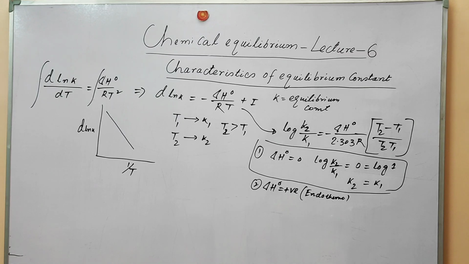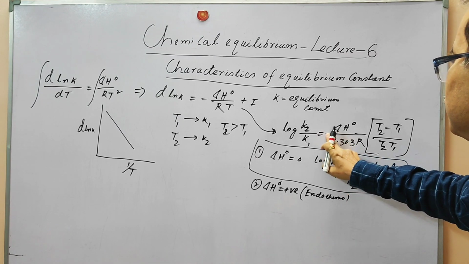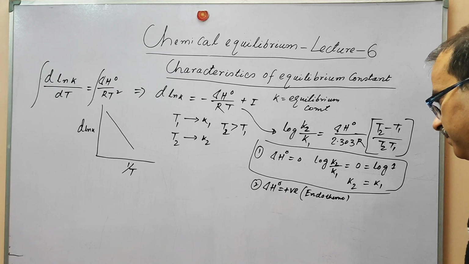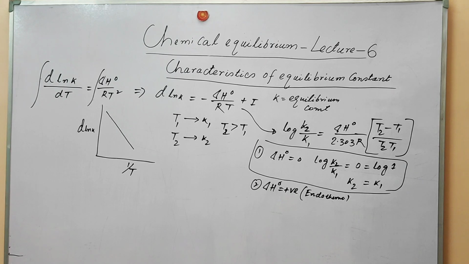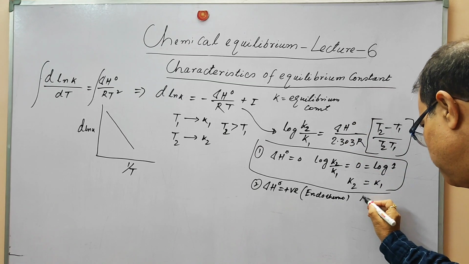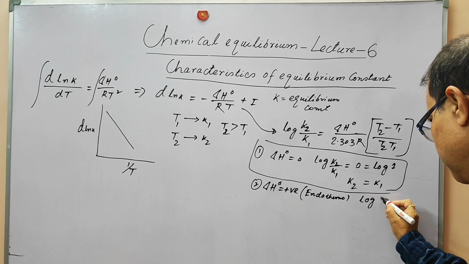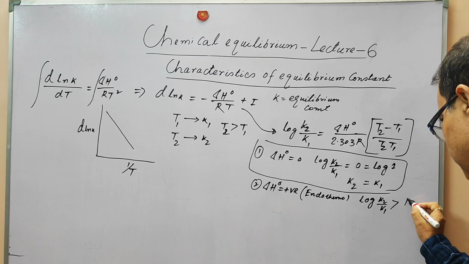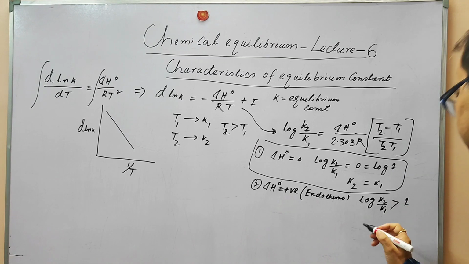For this endothermic reaction, this minus sign will not be there. So this will be a positive value. So we can have log K2 by K1 greater than 0.